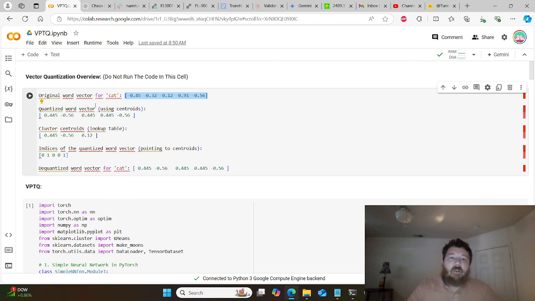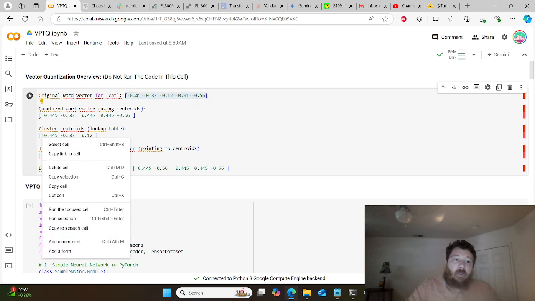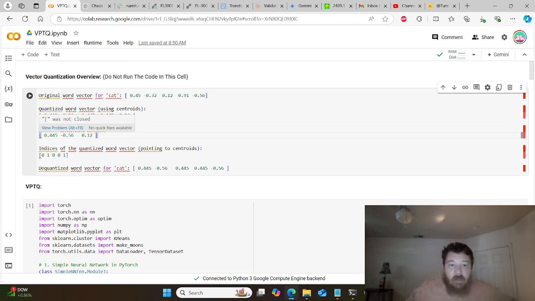So rather than looking at the full description of cat, you'll take the features of cat as a category, the genus of cat as a category, and we're going to take a few of those categories, cluster that and simplify down to that essentially.